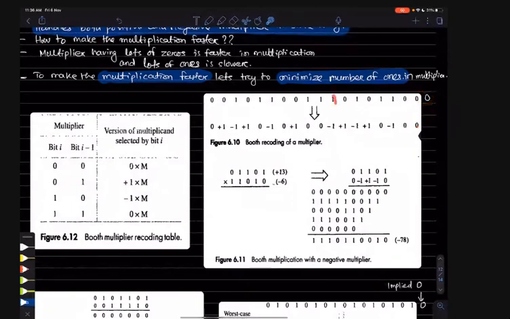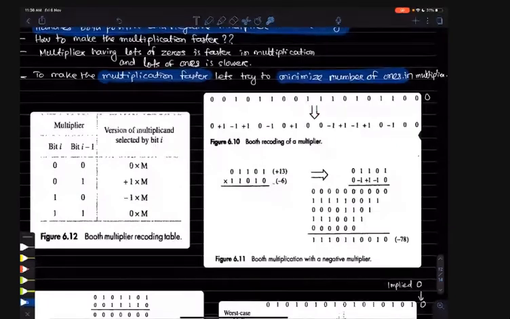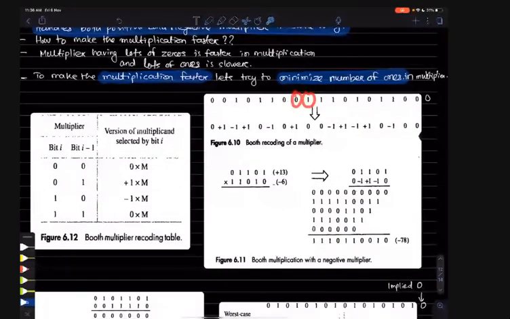So there are lots of ones here. When you go from 1 to 1, the output will be 0. Then when you go from 1 to 0, that means plus 1. When you go from 0 to 0, the output will be 0. Hopefully you understood the coding scheme.